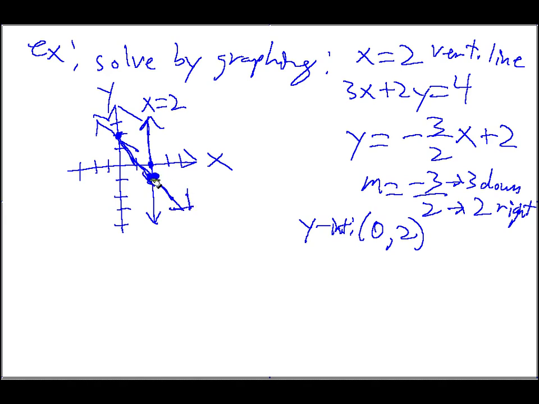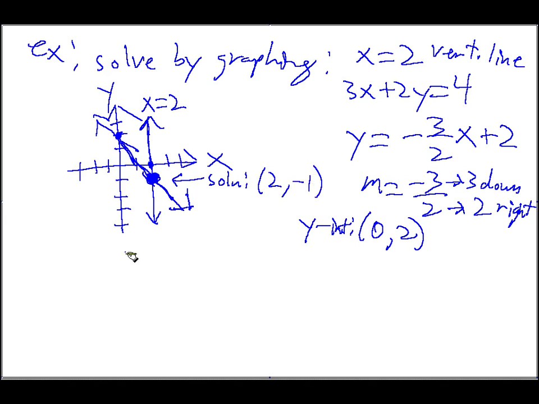Make it real dark so you can see it clearly. And this point is 2, negative 1. Sorry for the sloppiness on the graph, it's hard to graph lines on the sketch pad. So the solution is 2, negative 1.